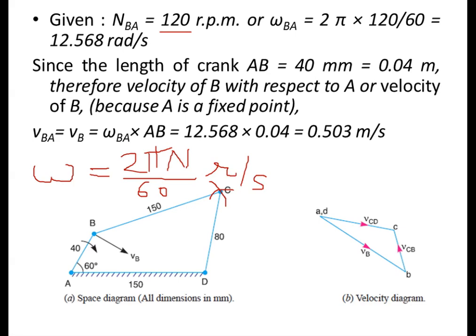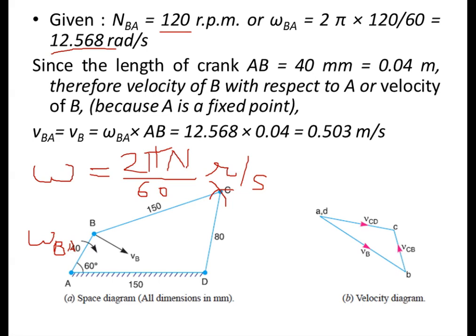So N is 120 rpm. 2 pi into 120 divided by 60, you get 12.568 radians per second. So this is omega BA, which is known to you now.